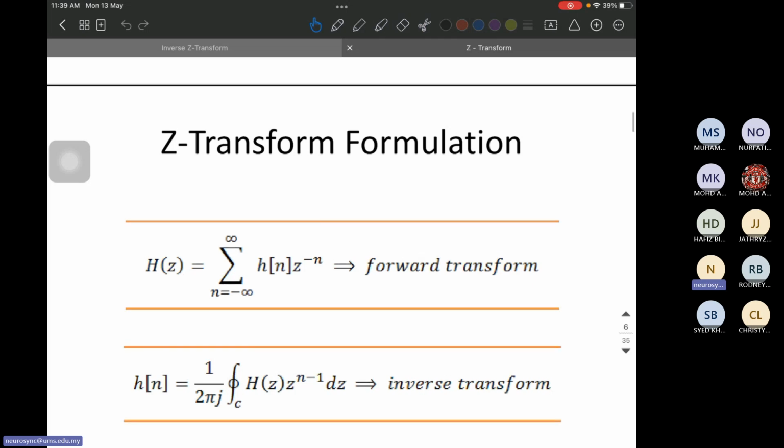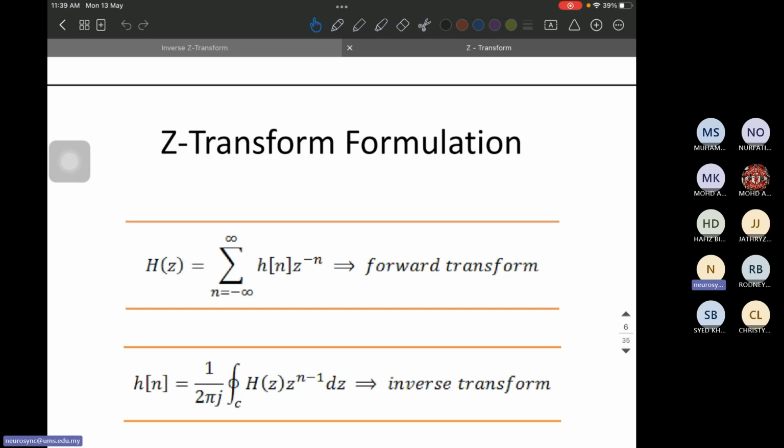With this formula, we know the forward transformation. In the last lecture, we calculated H of z from h of n with this formula. Now today we will do the inverse transformation. For the inverse transformation, H of z will be known to us and we need to calculate h of n.